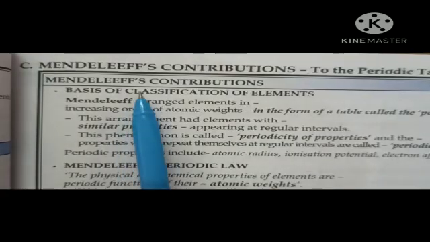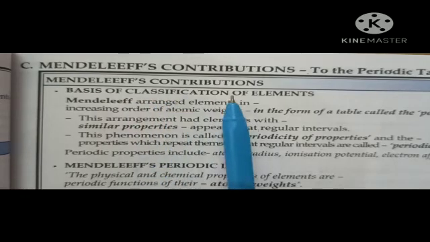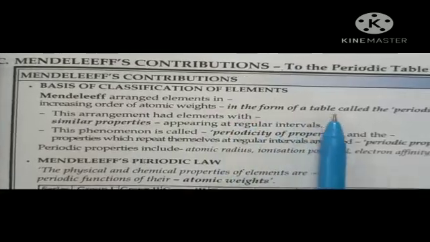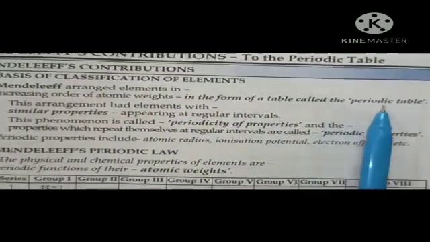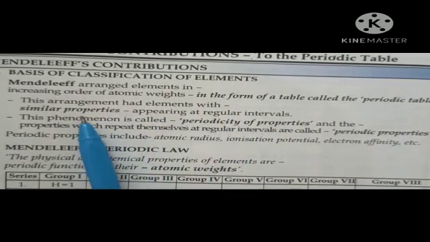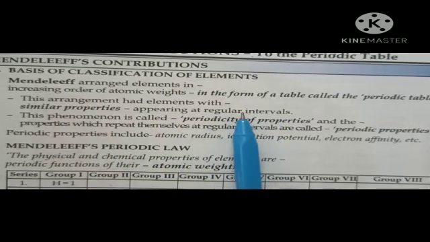Then Mendeleev in 1869 arranged elements in increasing order of their atomic weight in the form of a table, and that table is called the Mendeleev periodic table. This arrangement had elements with similar properties appearing at regular intervals.